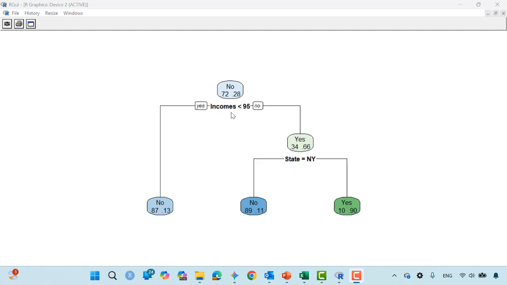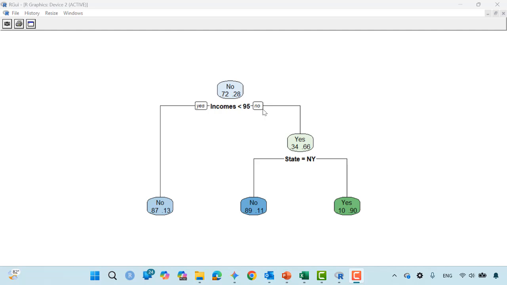Next to income less than 95, you can see two smaller rectangles. They also have yes and no. Remember, these two smaller yes and no do not represent whether a customer will be a paying customer. They represent the direction you should go if the answer to each decision question is a yes or a no.